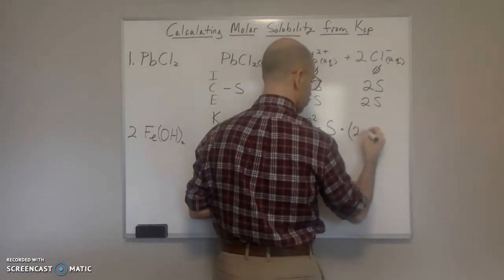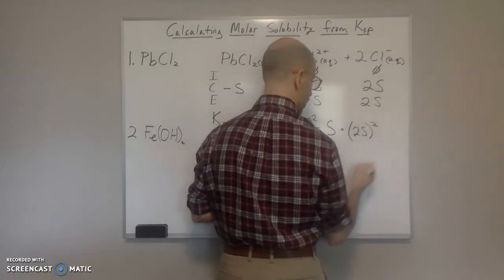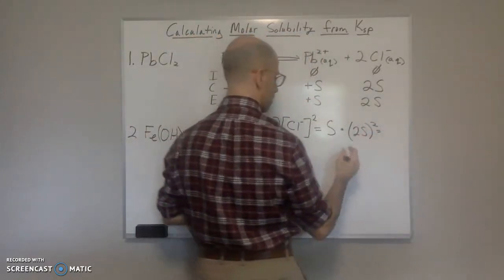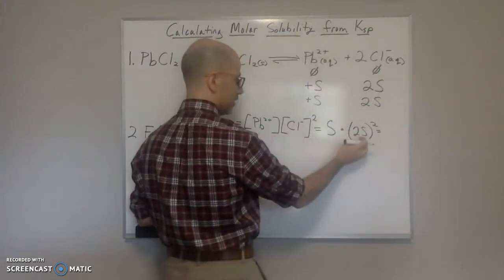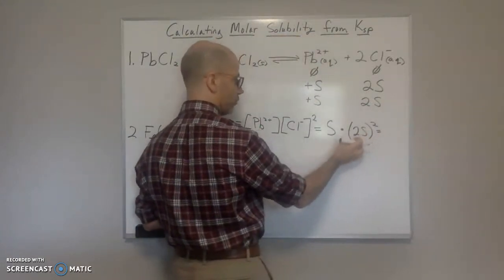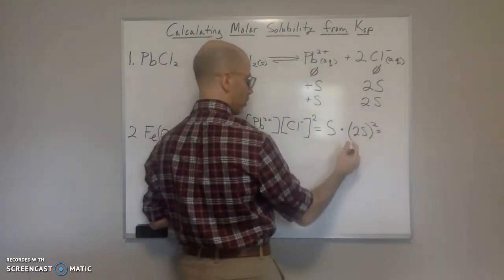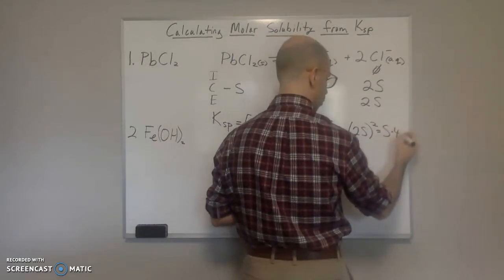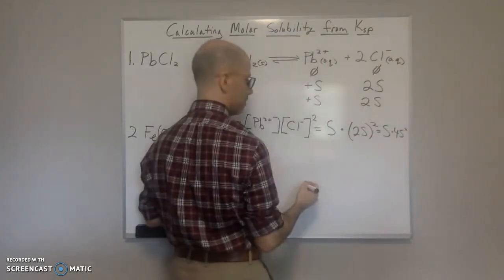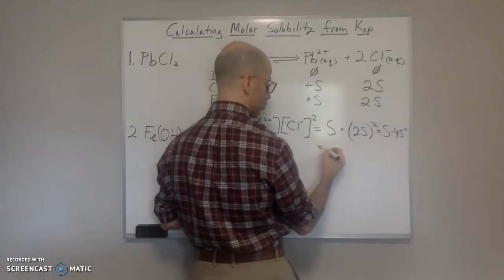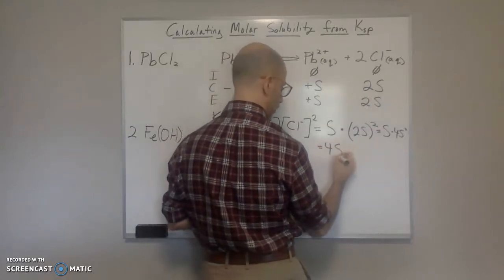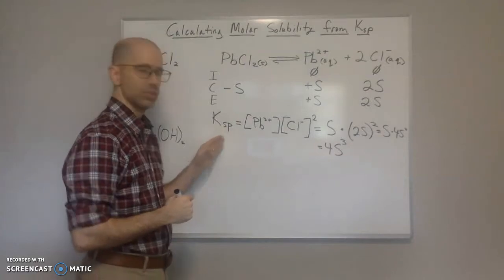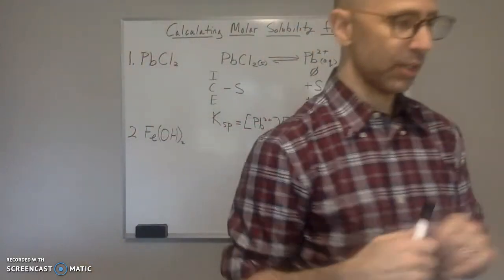So it's going to be 2S squared, and then that's going to be equal to S times S, 2S squared, that's going to be 4S squared. So S times 4S squared, and that's going to be equal to 4S cubed.